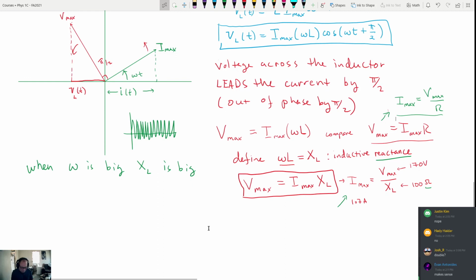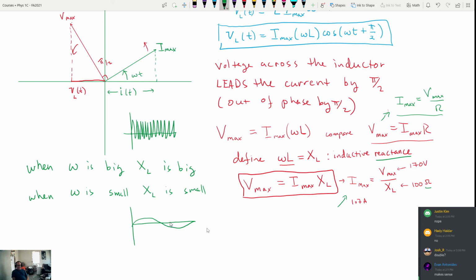When we come back, let's talk about the other part of this. The other half of this is that when omega is small, XL is small. The reason for this is that when the angular frequency is very gentle, so this would be something like this, then the rate of change of your curve is going to be small.